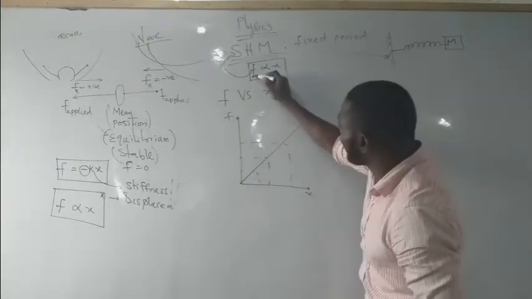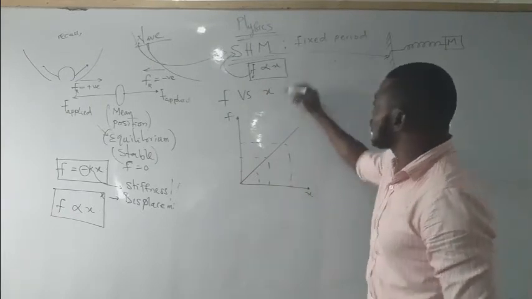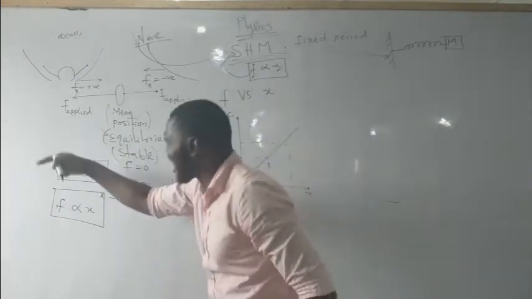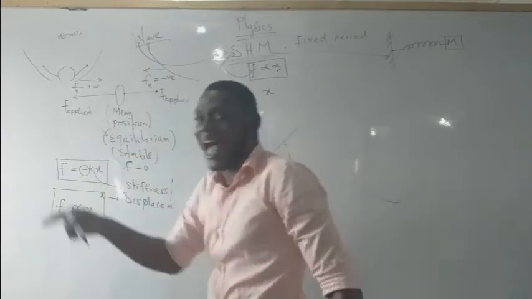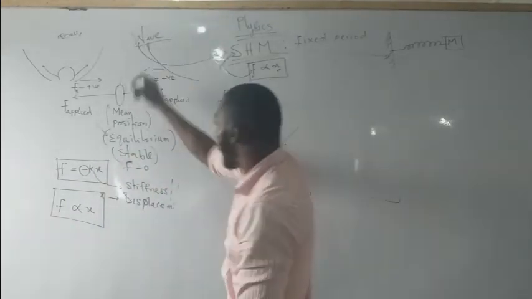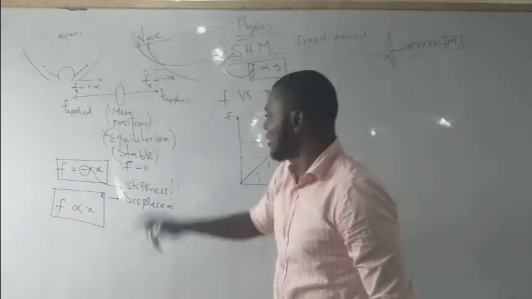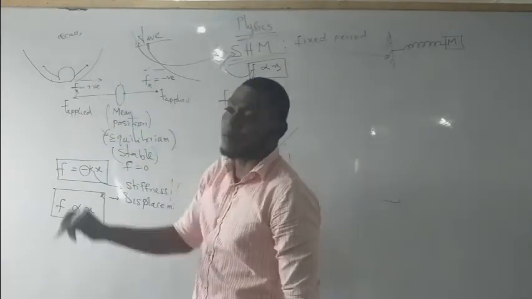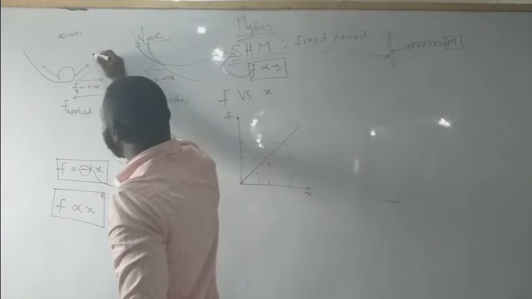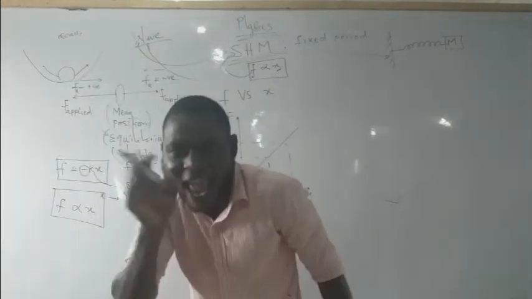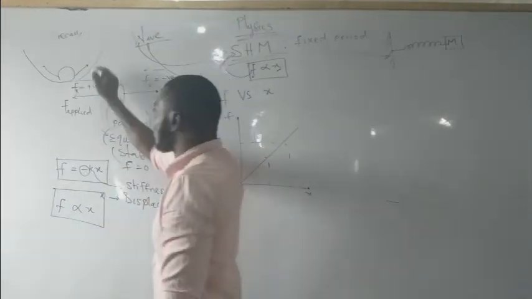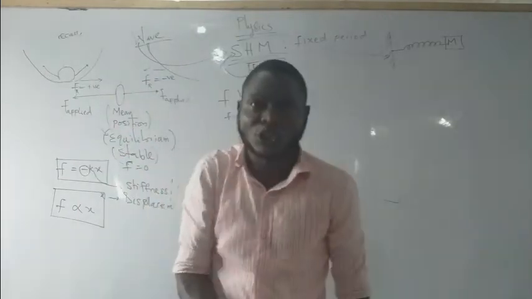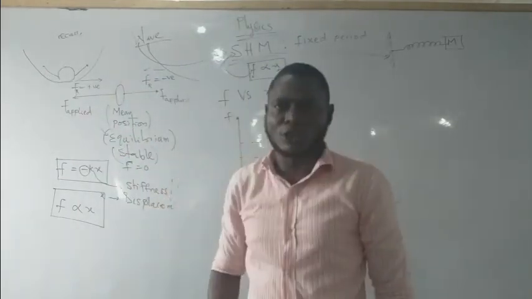Force is always directed towards the center, and at the center we have only the mean position. F is equal to 0 at equilibrium. This is stable equilibrium. When the body is slightly displaced, it tends to return to its initial position, its normal position.